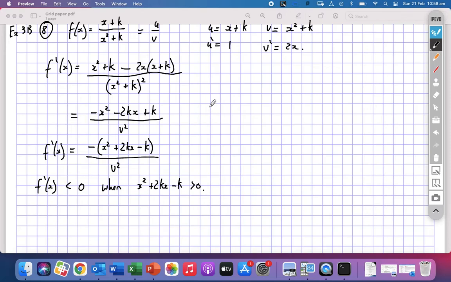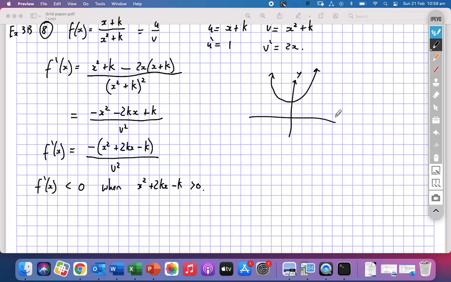All right, now what I want you to recall, at least this is how I think about it, is graphing. What I'm left with here is a quadratic. And I'm thinking about, when do I get quadratics that are greater than 0? I think of a graph. I think of a quadratic, maybe a nice simple one.